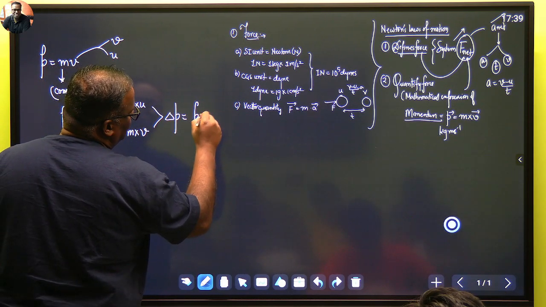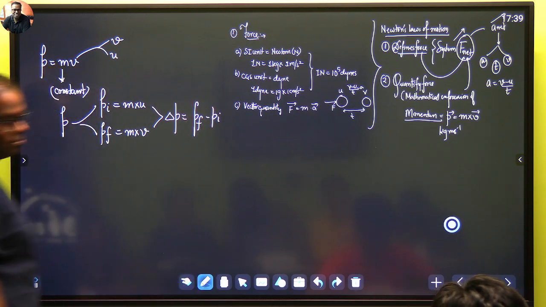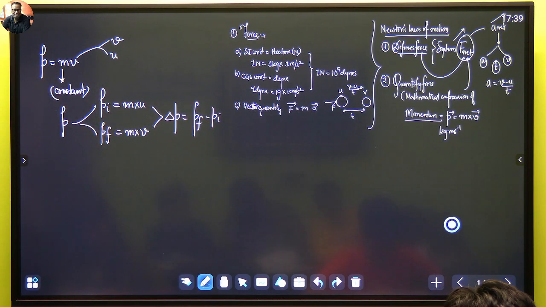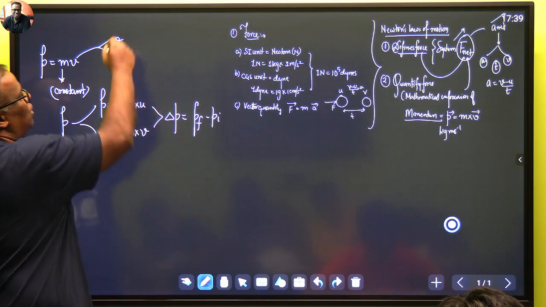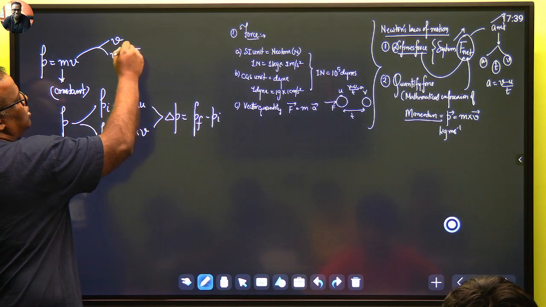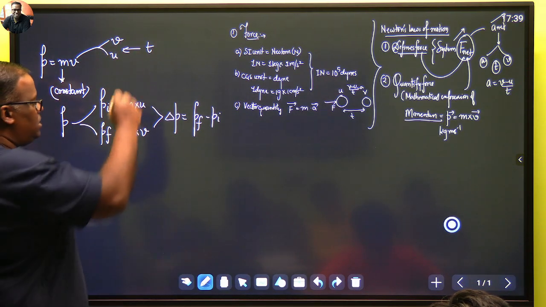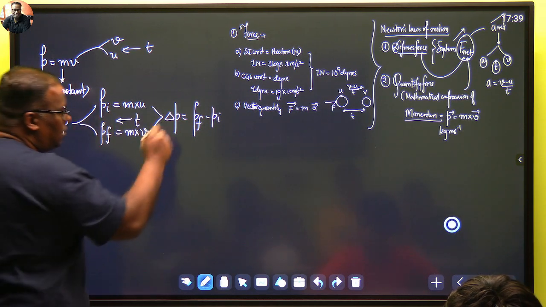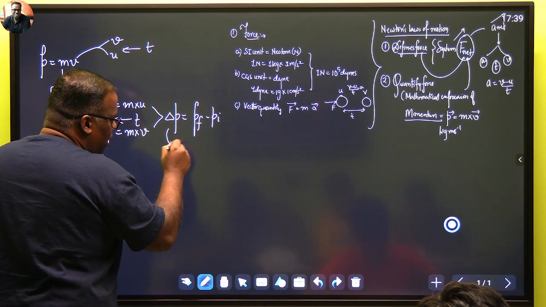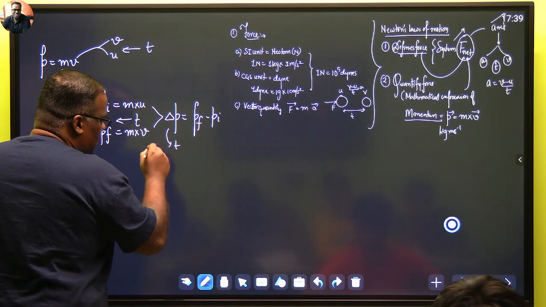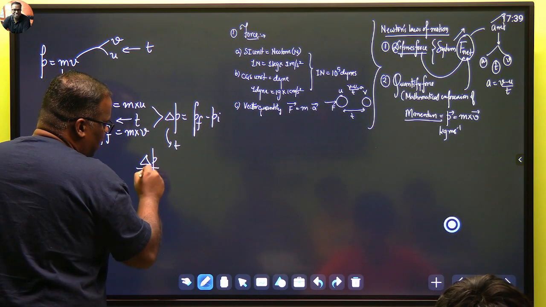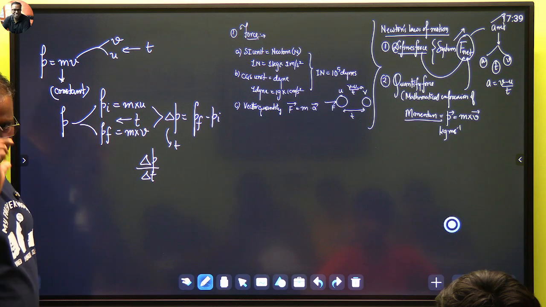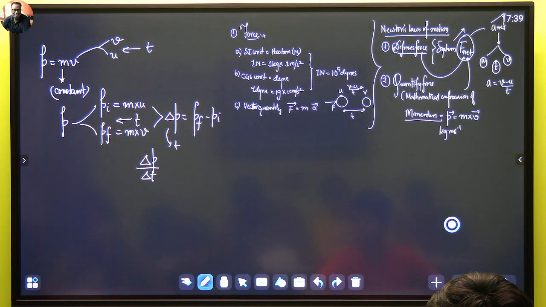That should be final momentum minus initial momentum. Do you get it? And this velocity, we always know that it changes over a period of time. If this changes over a period of time, that means this also changes over a period of time. So the quantity delta p over delta t, that is the change in momentum over the change in time, right?